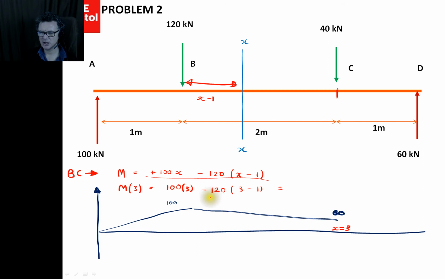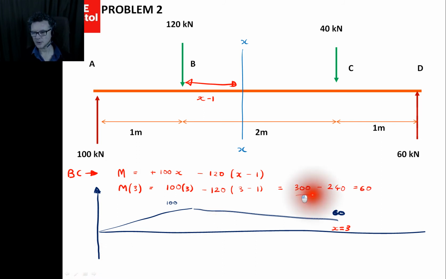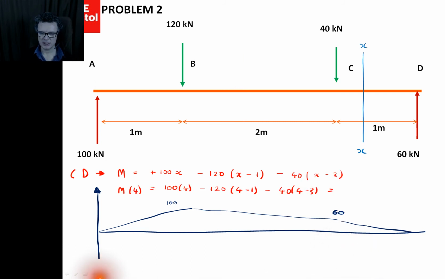So that gives me 300, take away, what's that going to be? I make that 120 times 2, so that will be 300, take away 240. So there we go, and we end up with a value of 60. So then we're going to plot the value 60 there.